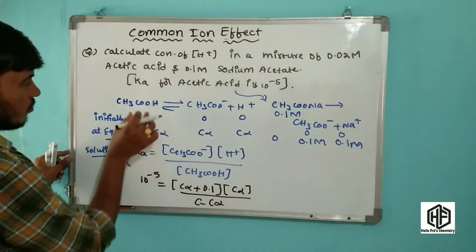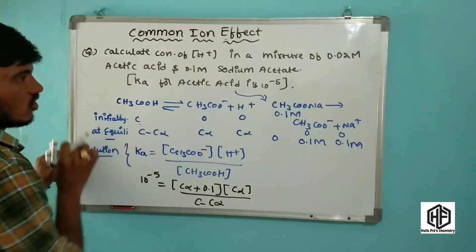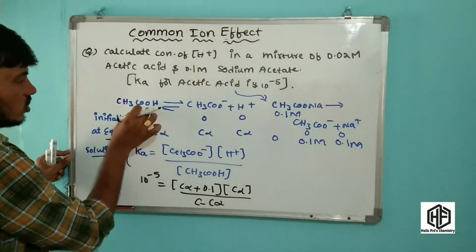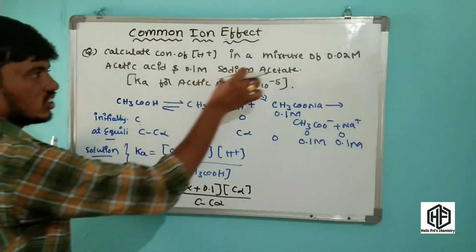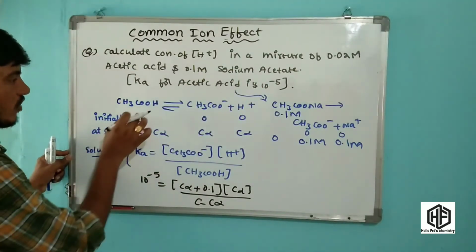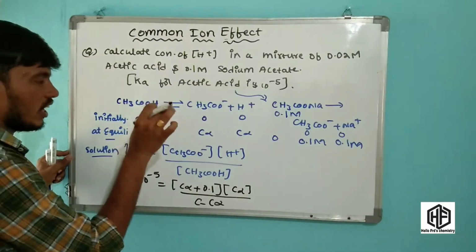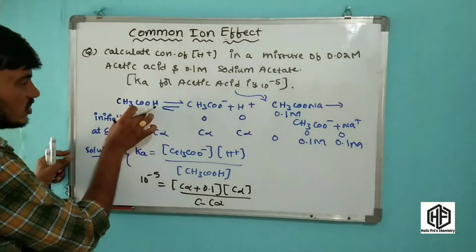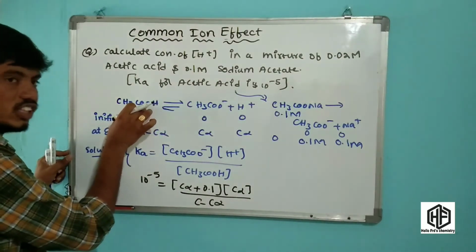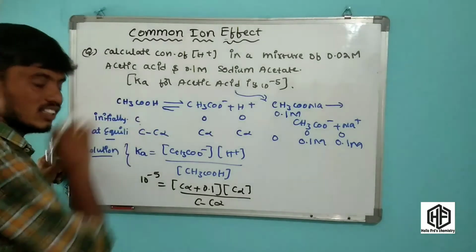So what happened there? This is the weak electrolyte. The degree of dissociation of a weak electrolyte in the presence of a strong electrolyte, what happened there, friends? Due to the common ion effect, the degree of dissociation of the acetic acid decreases.